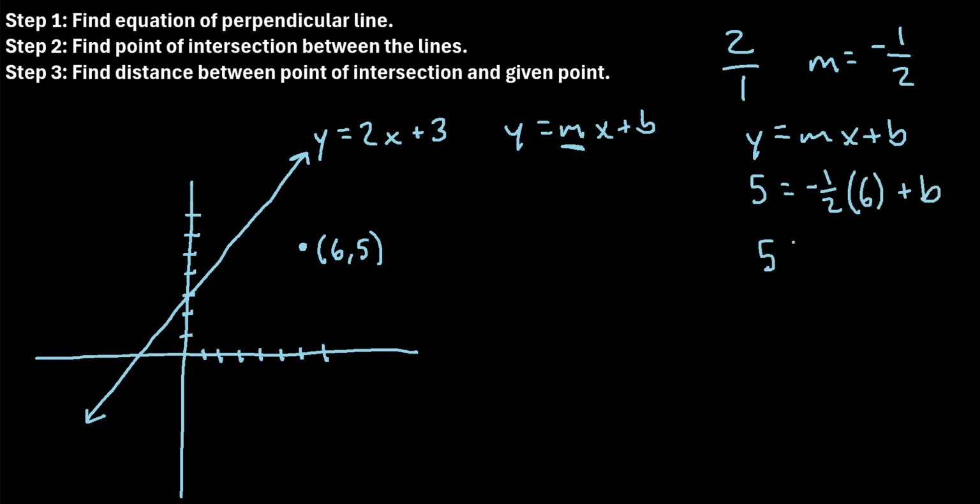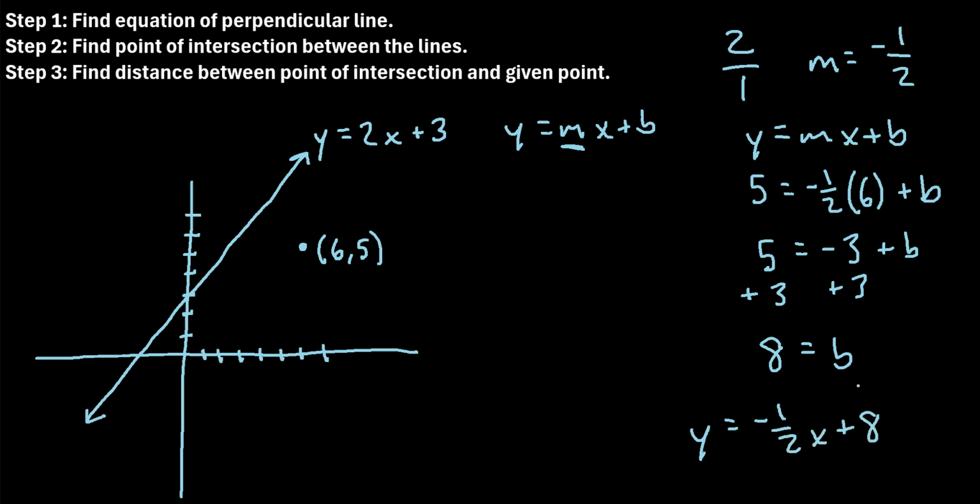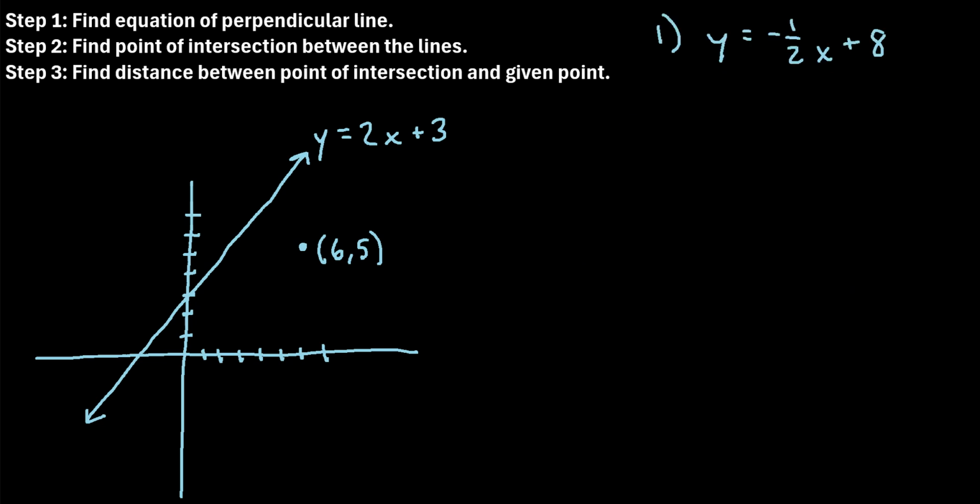Negative 1/2 times 6 is negative 3, plus b. We can add a 3 to each side to solve for b. 5 plus 3 is 8, so b is equal to 8. So the equation of this perpendicular line is y equals negative 1/2 x plus 8. So that's the first step.